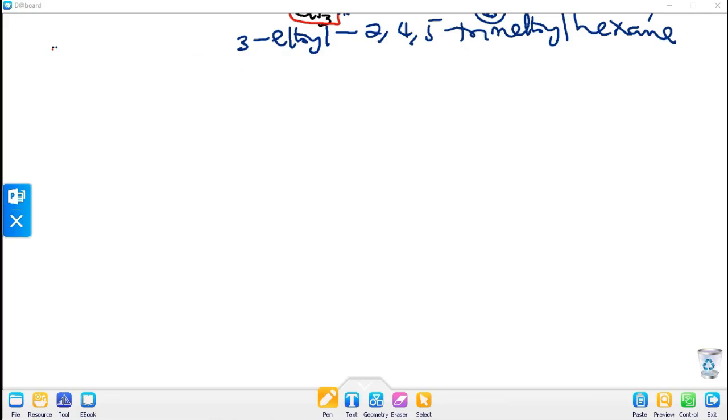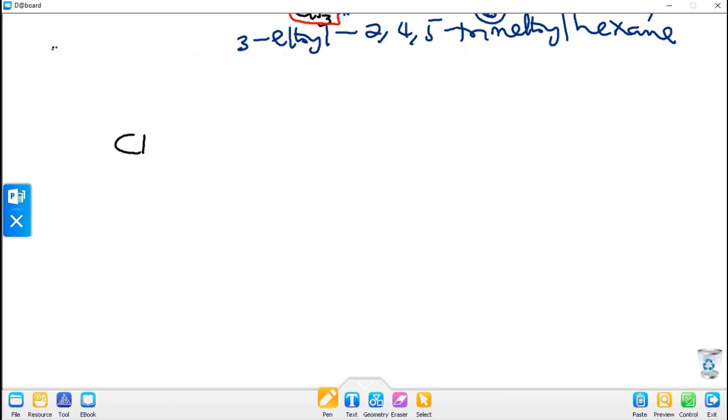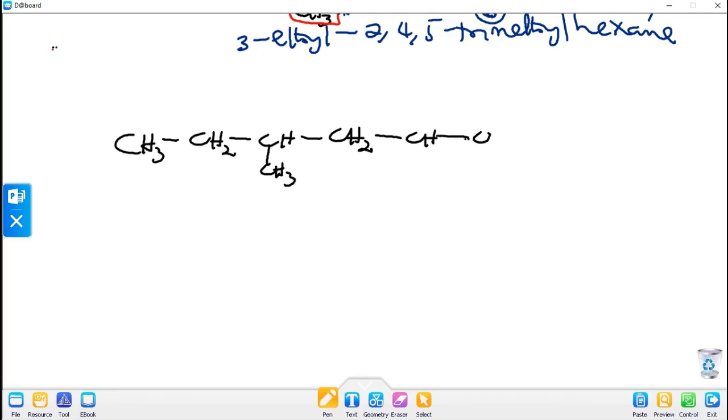Let's analyze that structure. We have CH3, CH2, CH, with a CH3 drop down, CH2, CH, CH3, Cl.